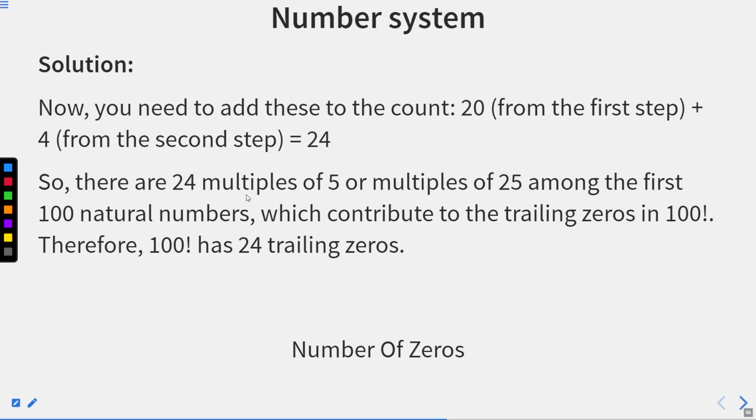You have 24. So there are 24 factors of 5 among the first 100 natural numbers, which contribute to the trailing zeros in 100 factorial. Therefore, 100 factorial has 24 trailing zeros. What do I mean by trailing zeros? In 100 factorial, there are going to be 24 zeros at the end.